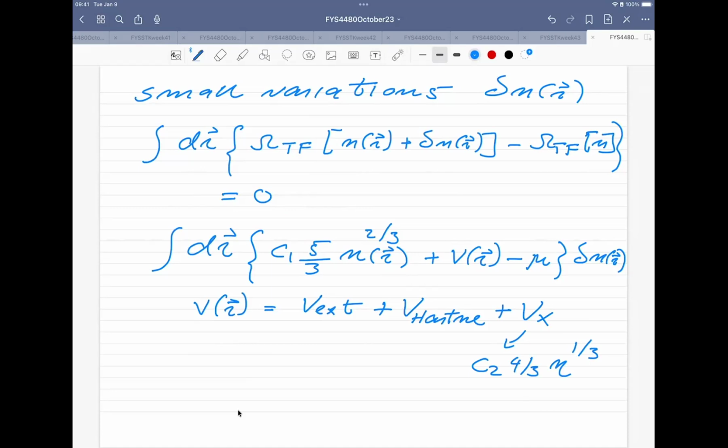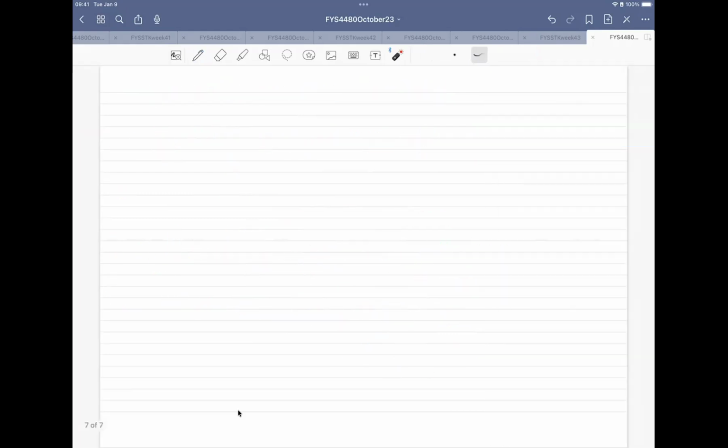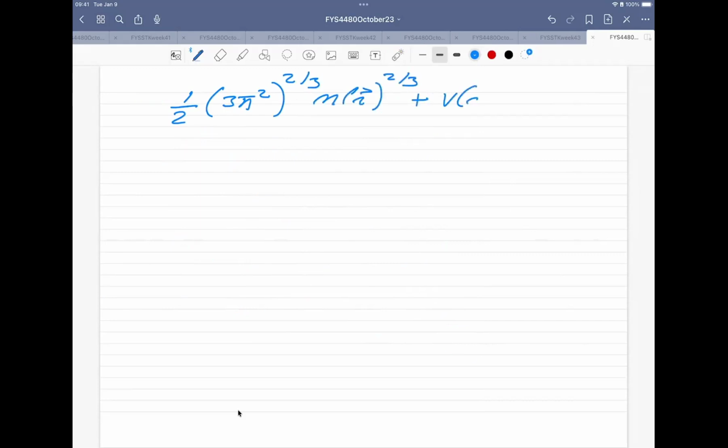So that defines my potential. And if I then require that this equation should be equal to 0, in order to satisfy that, it suffices to look at the equations which you have in here. And that gives us simply the equations of motion. So when I plug in everything, I'm going to have 1/2 times (3 pi squared) to the power of 2/3 multiplied with density to the power of 2/3, plus this potential V of r, equal to mu.